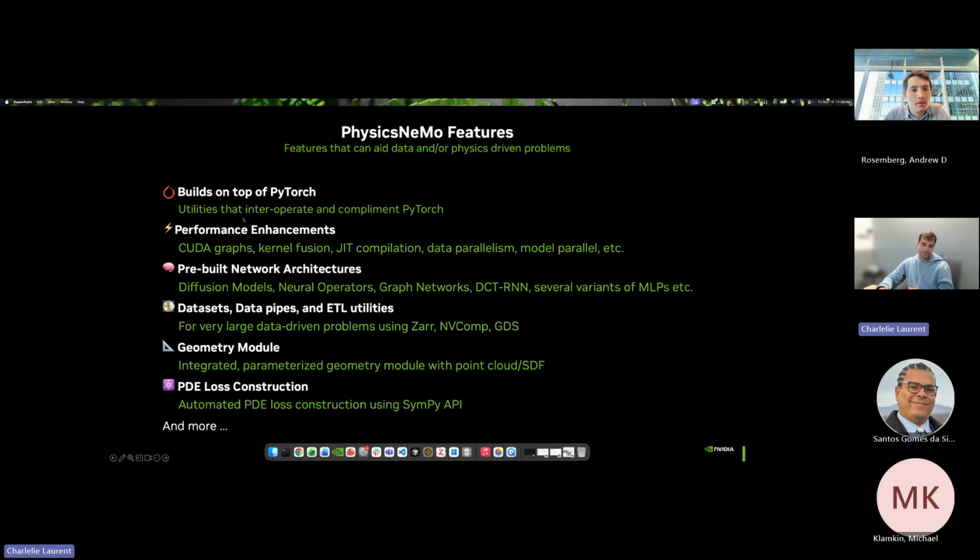So yeah, the main feature of PhysicsNeMo is that it is built on top of PyTorch. It can fully interoperate with PyTorch. It's more like a complement to PyTorch rather than a replacement. Everything we have in PhysicsNeMo has some level of optimization, whether it's kernel fusion or compilation.